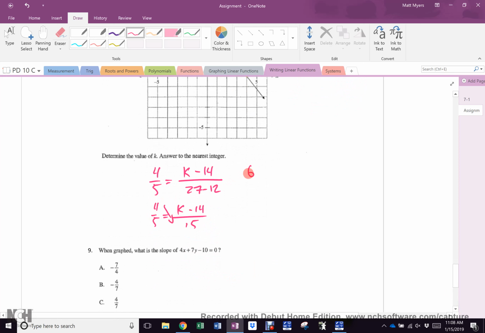Cross multiply, 60 equals 5k, plus, not plus, you dummy, minus 70. 130 equals 5k. k equals 27. I lie. k equals 26.